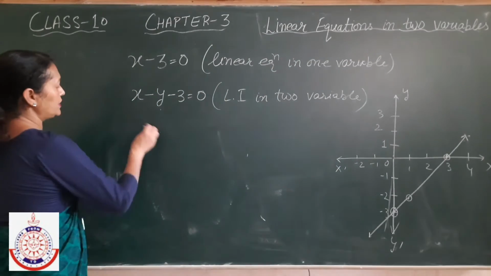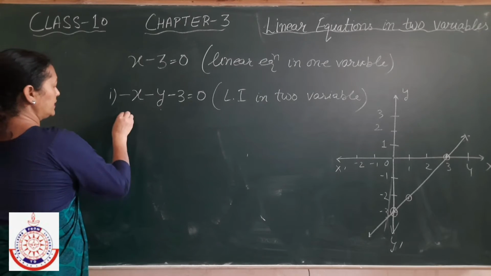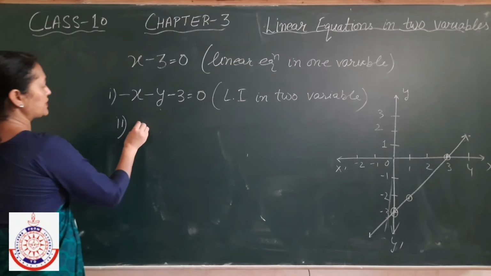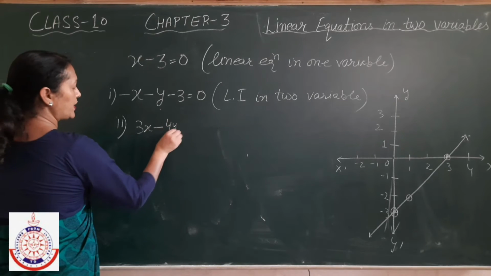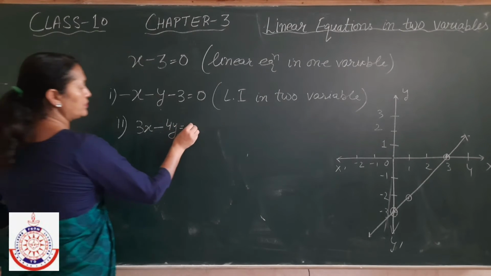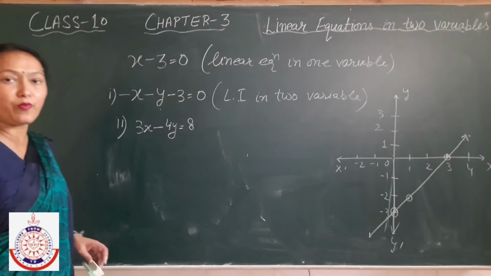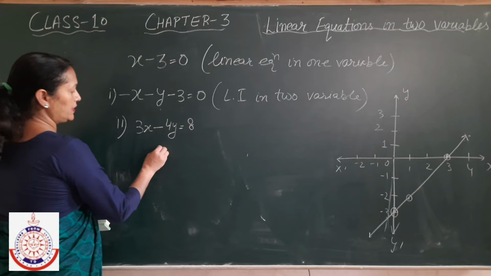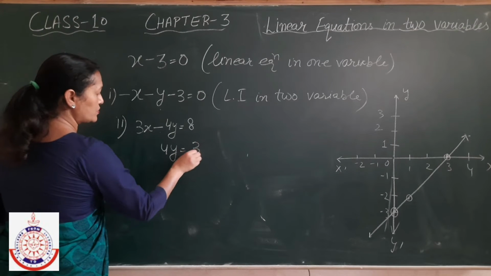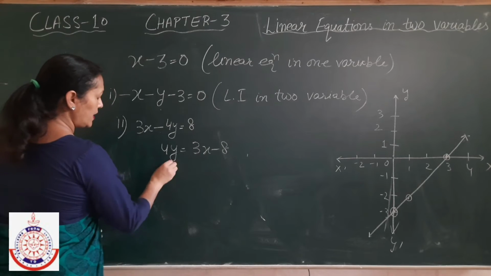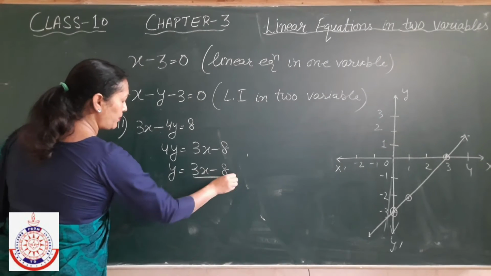Second equation, for example, I have taken 3x minus 4y equals to, say, 8. Again, I will be finding points for this. It will be 4y equals to 3x minus 8 and y equals to 3x minus 8 upon 4.